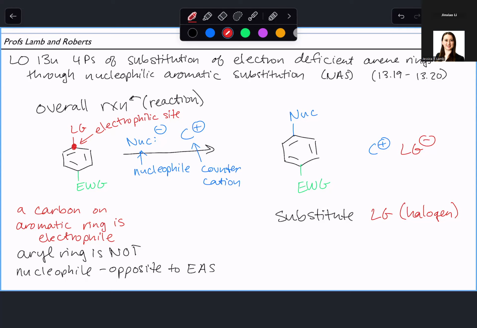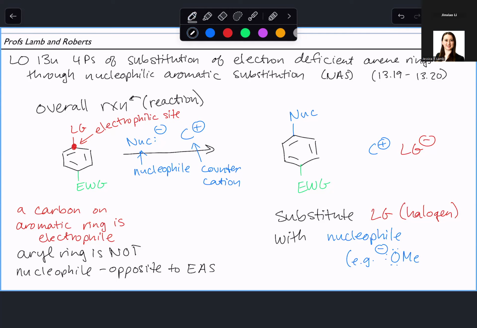And we're substituting that leaving group with some sort of nucleophile. There are lots of examples of what that nucleophile could be. Sort of the classic example is a methoxide. Okay, so that's the overall reaction. We are substituting an aromatic ring with a nucleophile. Nucleophilic aromatic substitution.